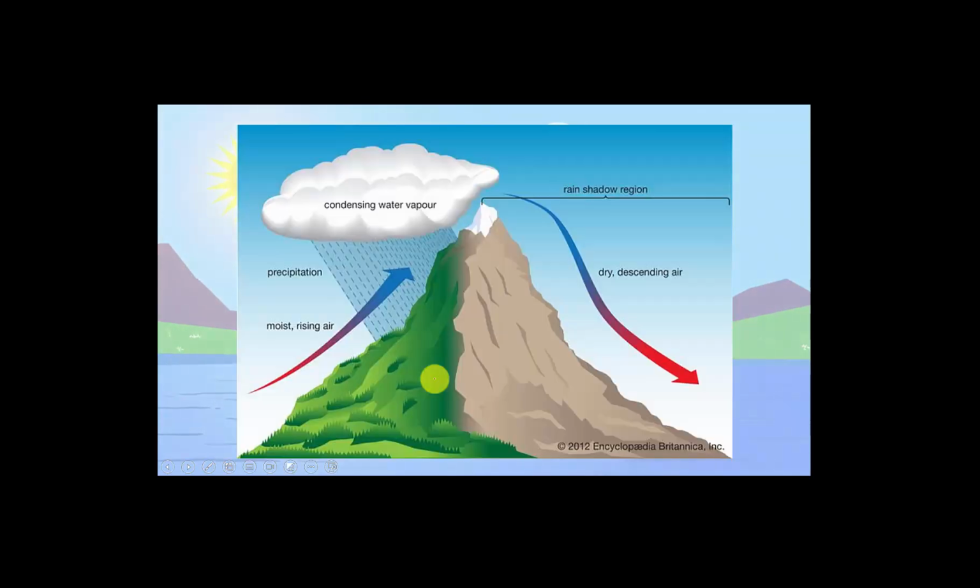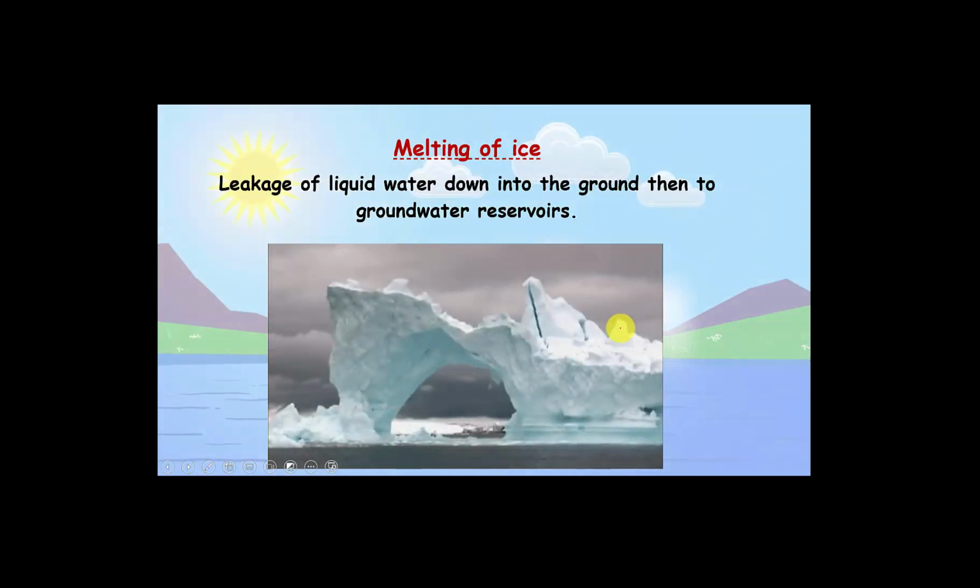Yes, here, condensing water vapor falls on the earth in the form of rain, the precipitation process, and this water moves with the effect of gravity into water bodies, such as large water bodies such as oceans and seas.